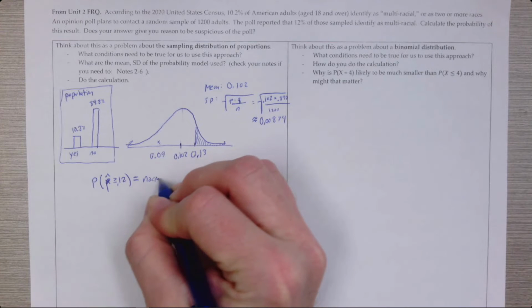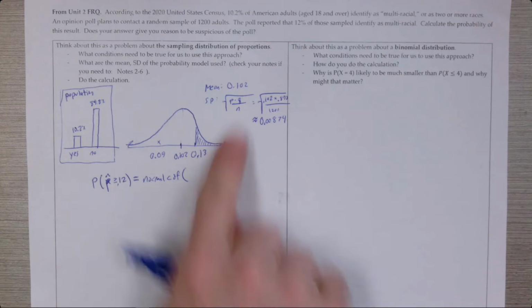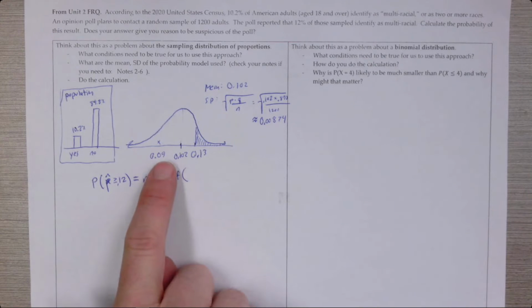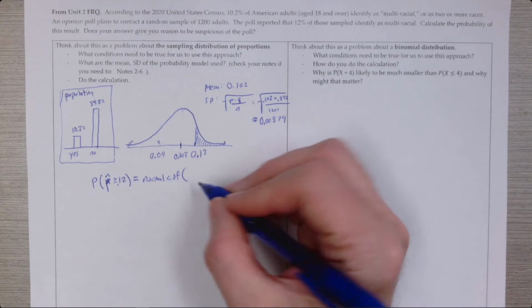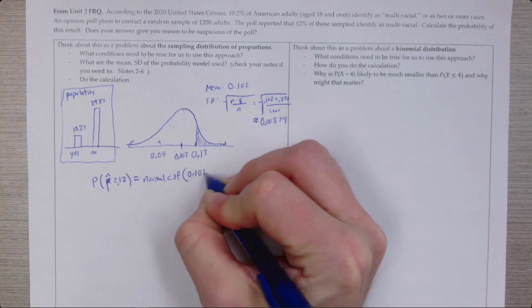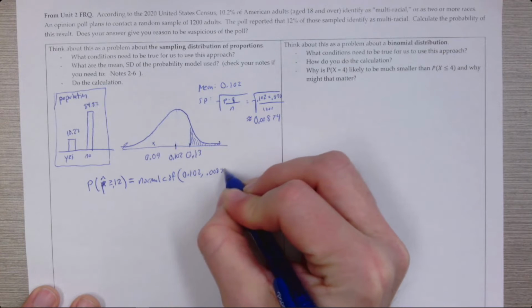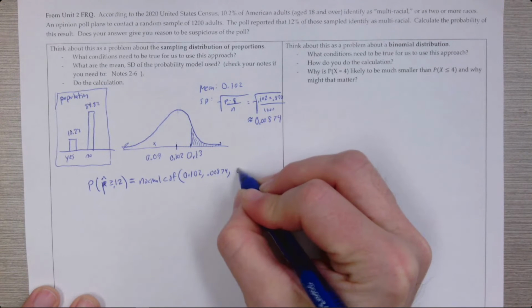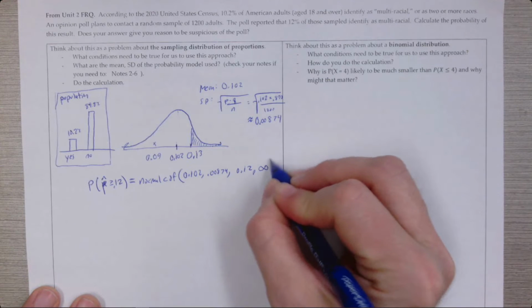This is a great situation to use normal CDF because the central limit theorem ensures that the sampling distribution is approximately normal. So we've got a mean of 0.102, a standard deviation of 0.00874, a lower bound of 0.12, and an upper bound of infinity.